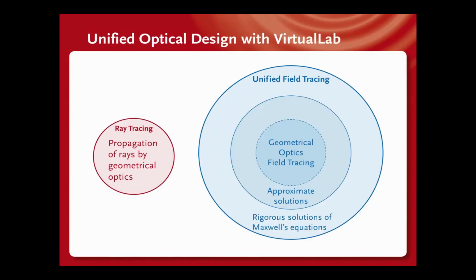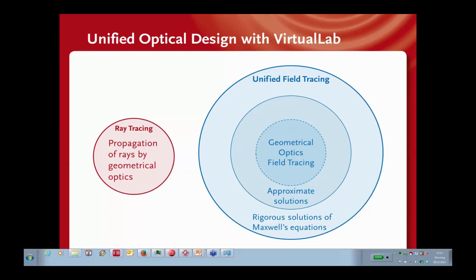In VirtualLab, we use a simulation concept that we call unified field tracing. We actually have in VirtualLab also a ray tracing propagation that is based on geometrical optics, but unified field tracing is more flexible because we propagate fields through an optical system. In unified field tracing, we are still able to use geometrical optics to propagate rays that carry the full field information through an optical system.